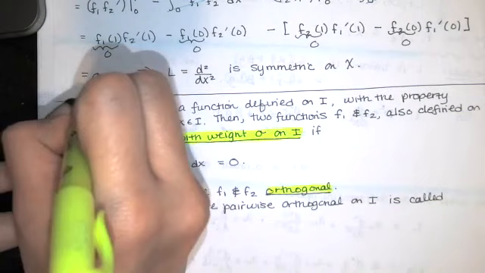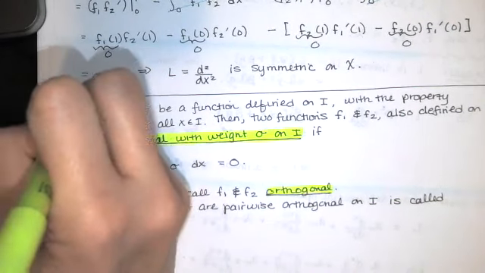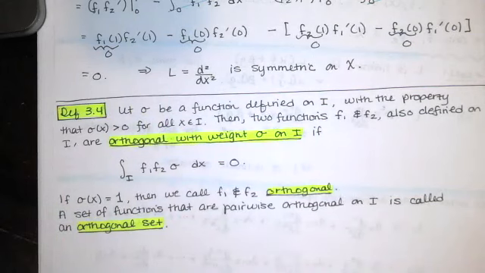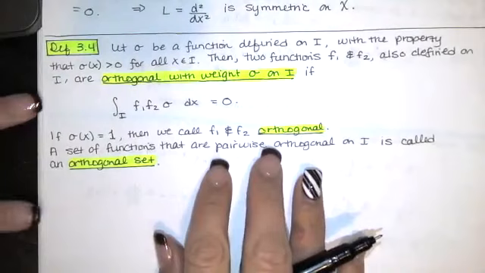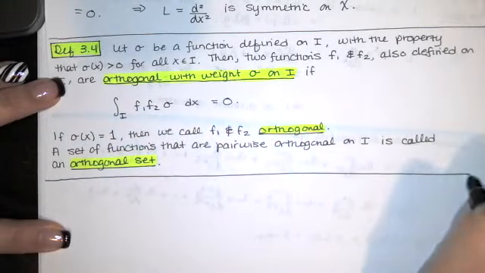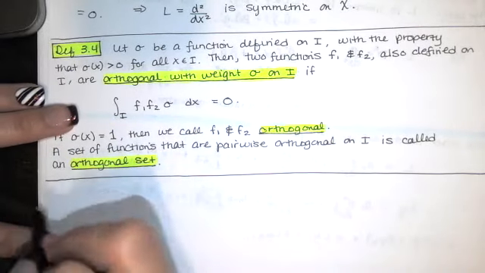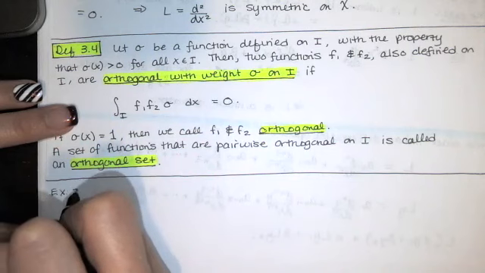Okay, so I'm just going to go through a couple of examples, and I'm not going to do the integration because it's pretty straightforward. If you need help with that, don't hesitate to email me. I'd be happy to help you out. So this is example 3.5.